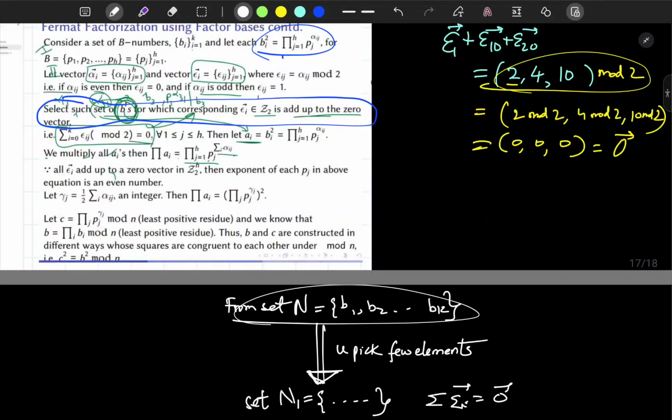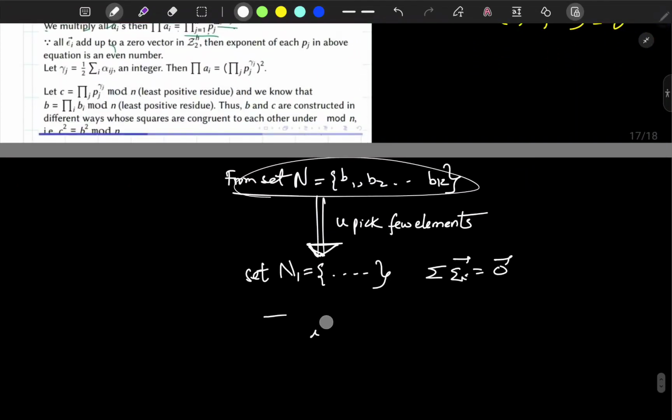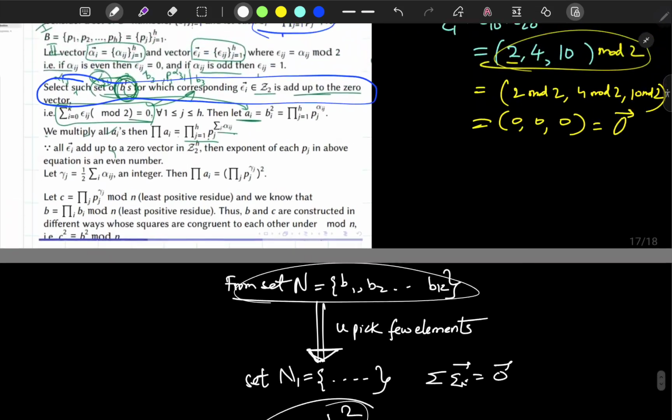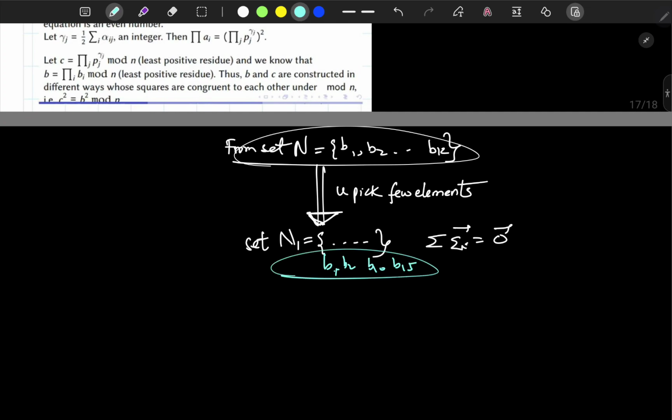After multiplying all those numbers, the sir is calling bi square as ai, so ai equals bi square. Let's say I have a few numbers, b1, b2 and so on, b10, b15. Multiply them: b1 square, b2 square, b10 square, b15 square.